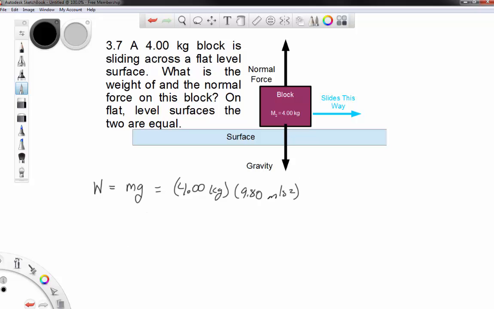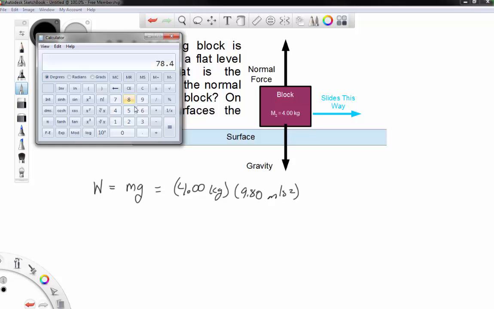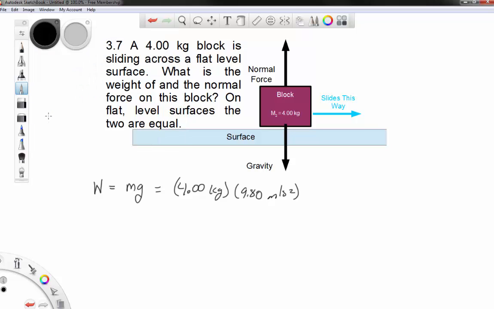So we need to multiply 4 times 9.8. So 4 times 9.8 gives us 39.2. So this is going to be 39.2 kilogram meters per second squared, which is the same as a Newton. So the weight is 39.2 newtons.